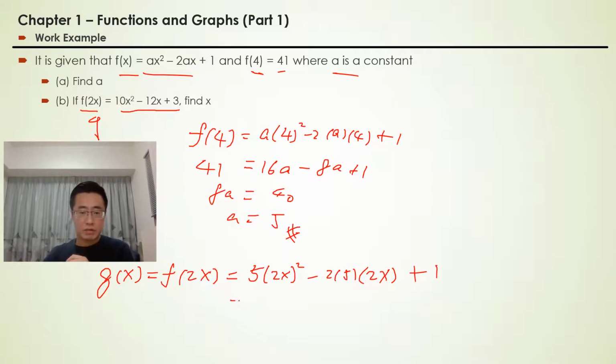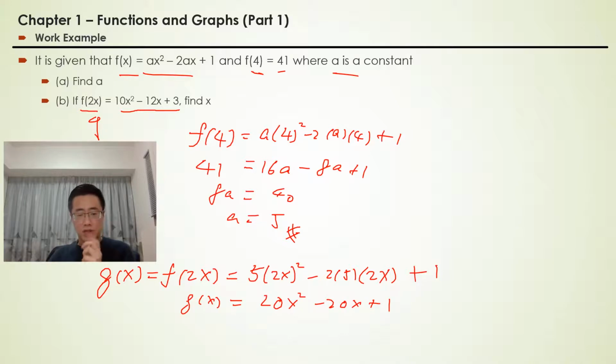So very quickly we can do the math here. It is 20x to the power 2 minus 20x plus 1. So this is the new function g(x). So this is the first part of solving this problem.